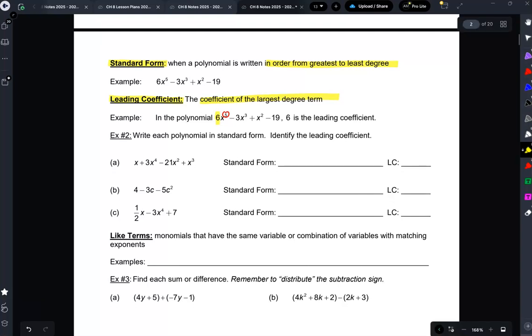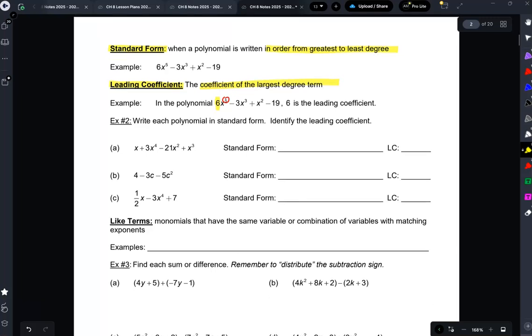So here, write in standard form, identify the leading coefficient. So to write in standard form, I have to start with the highest exponent, which is a 4. So first I do that term. Which one comes next? So plus x cubed, which one comes next? Minus 21x squared, which one comes next?